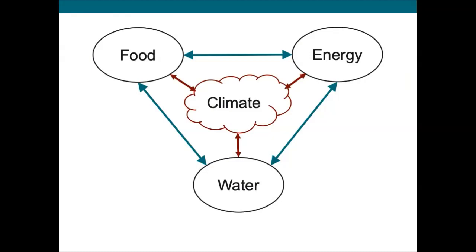So here's our FEW Nexus, where everything's connected to everything else. But what I really wanted to do is put the climate piece there in the middle, because that's at least a driver, if not, I think it plays more than one role in this. It's really having an influence, of course, on all of those things, and I think that to this group it doesn't need to be elaborated upon.